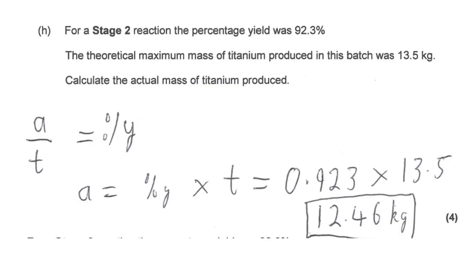Again, always the same. They might get you now in harder questions for 4 marks here to rearrange. Okay, 92.3%. Now, I personally just convert 92.3 to a decimal, 0.923, but whatever way you do it, if it's 92.3, your answer should be very close to 13.5 kilograms, and 12.4 is pretty close.